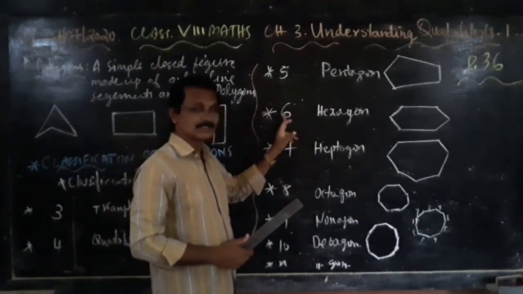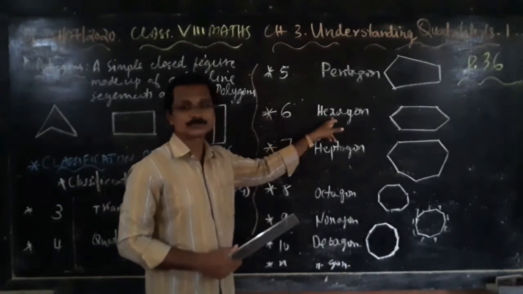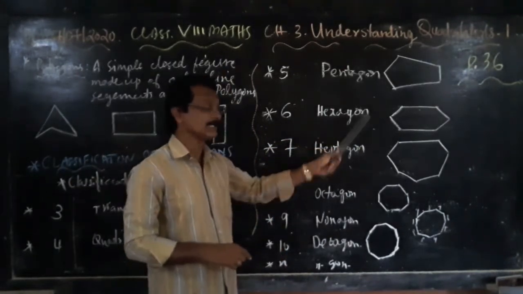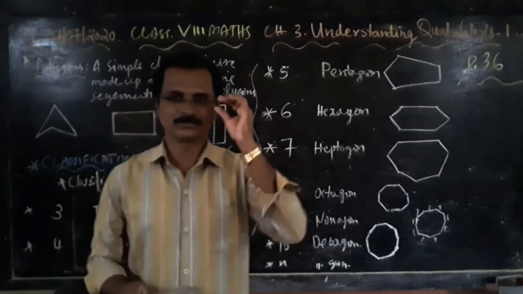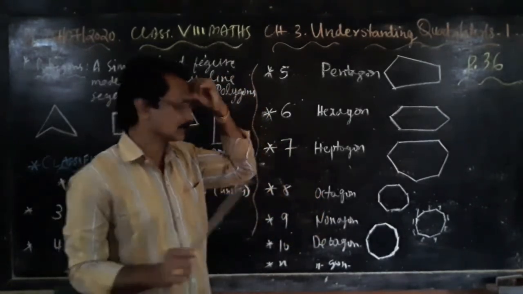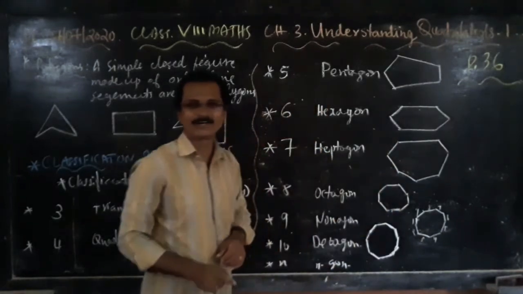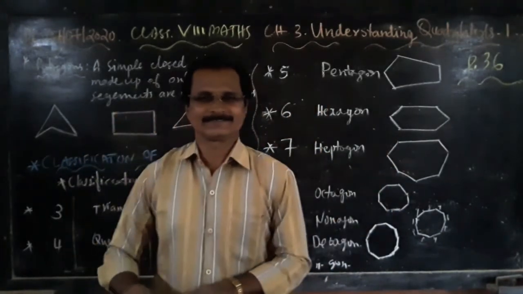Again, a polygon with 6 sides is called a hexagon. H-E-X-A-G-O-N. Hexagon. 1, 2, 3, 4, 5, 6.